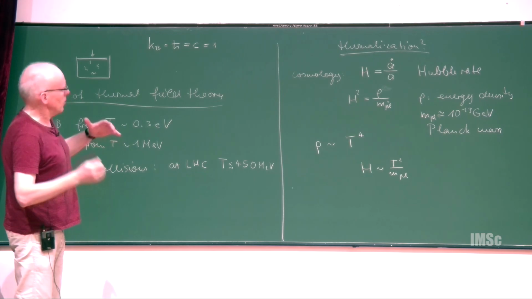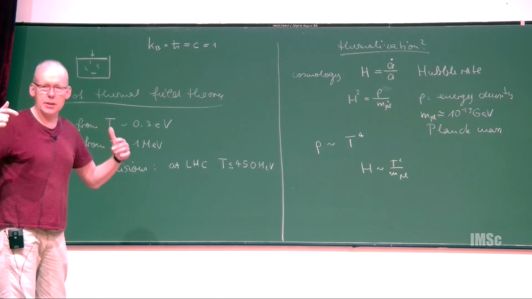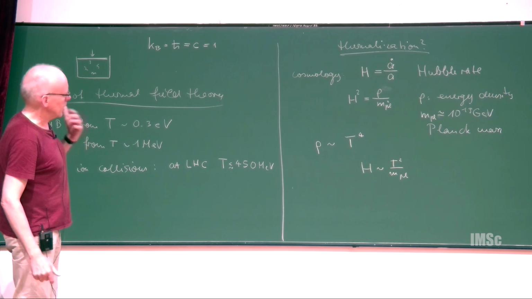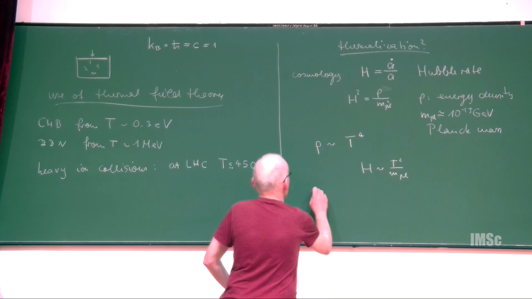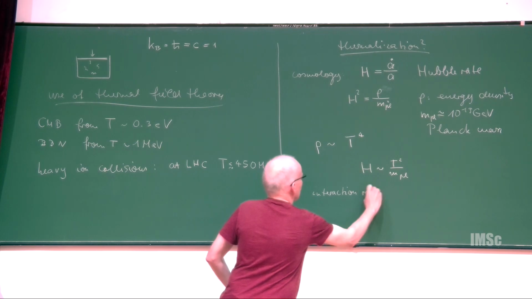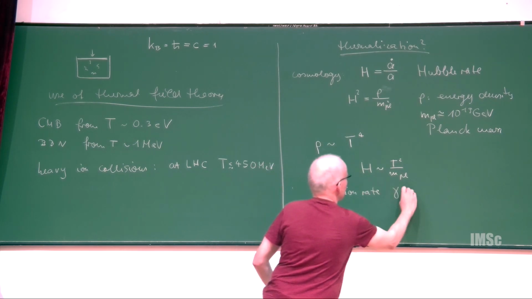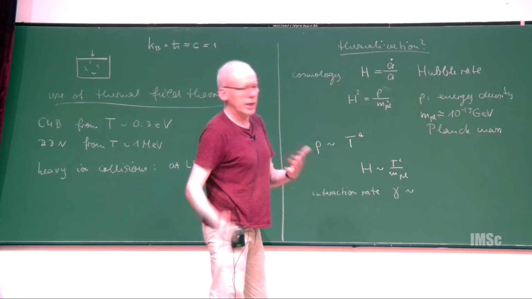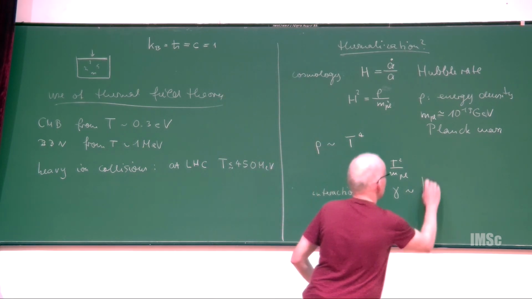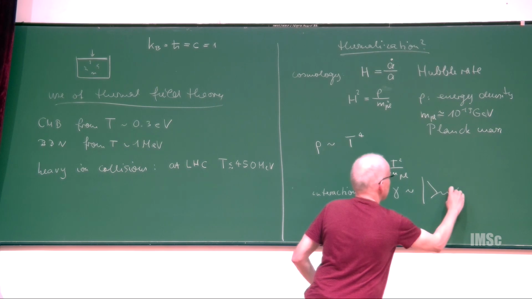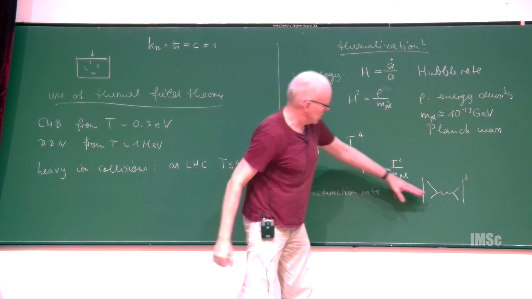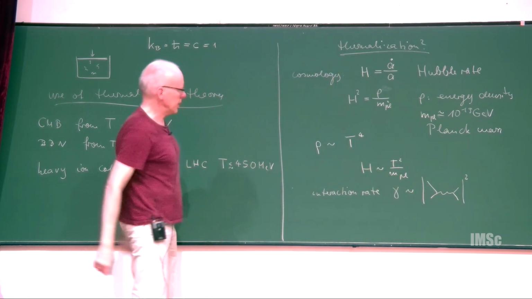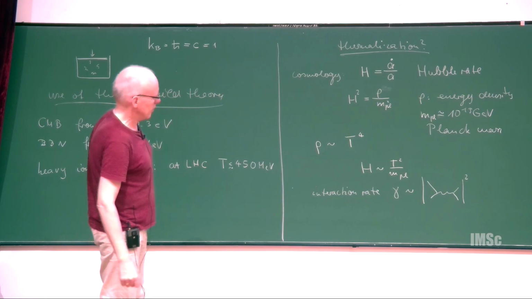Now we have to compare this with the rate that it takes to equilibrate the system. What we can look at is some interaction rate, call it gamma, which is determined by, say, scattering processes like this one here, for example. So you have some particle and annihilation, and then creating another particle-antiparticle pair, for instance.